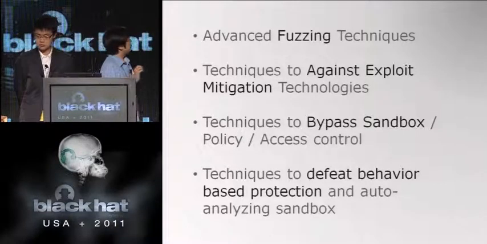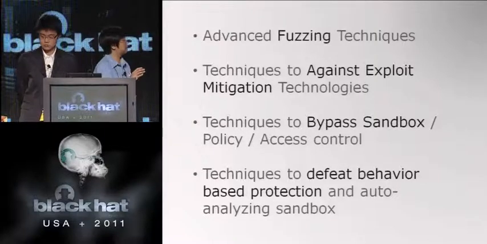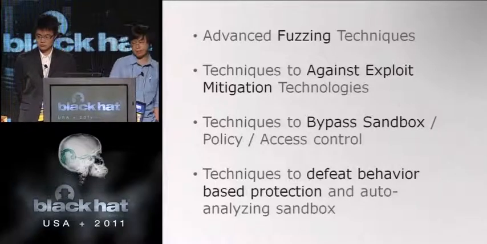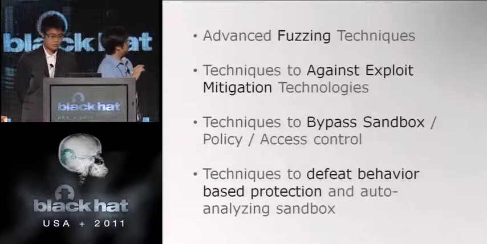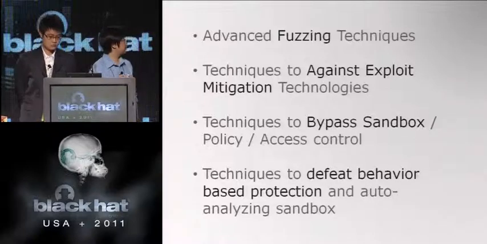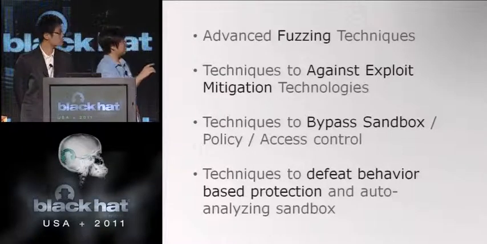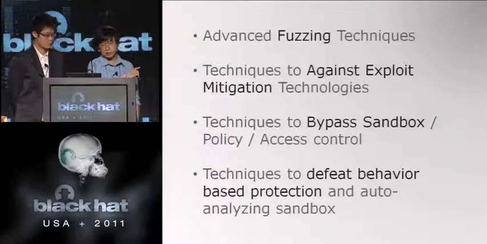The third, hackers will also focus on techniques to bypass sandboxes and also policy and access control. And the fourth, techniques to defeat behavior-based protection and auto-analyzing sandboxes. I will explain later why hackers need to do research on this now.